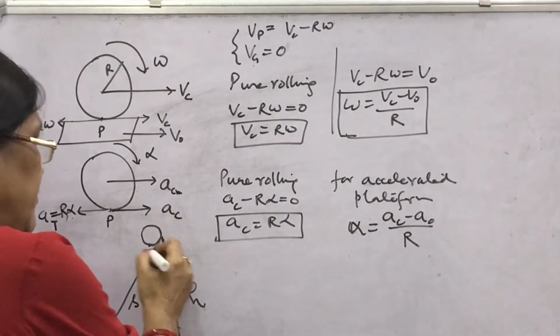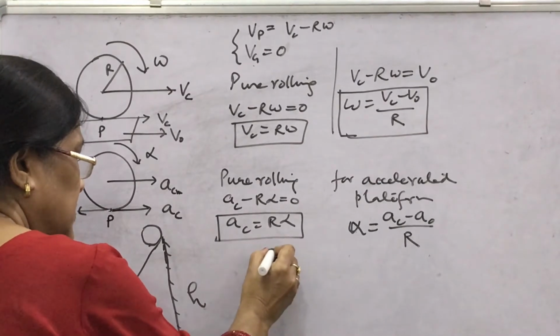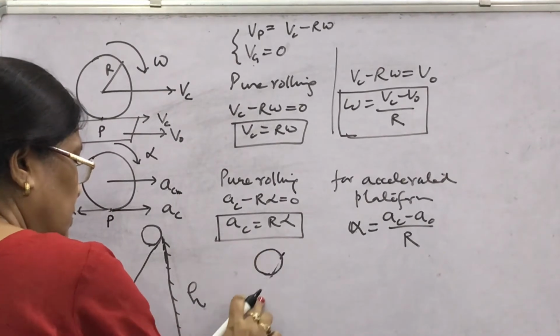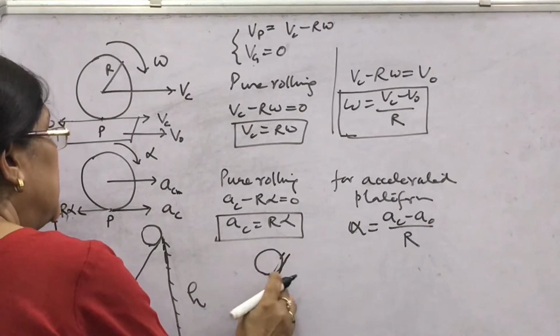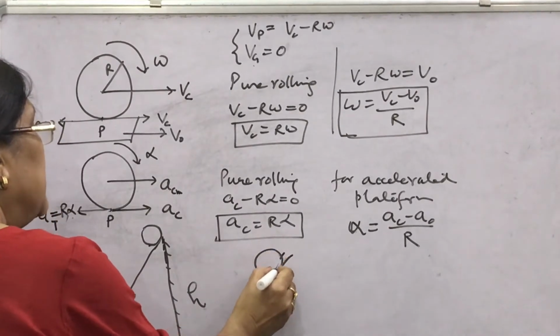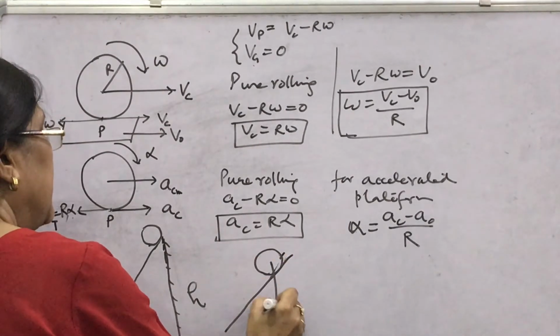What happens if I draw here at the topmost point? This is the ring or any symmetrical object at the topmost point. We can see that the weight of the object acts vertically downwards. So if this is the inclined plane, then weight will act vertically downward.